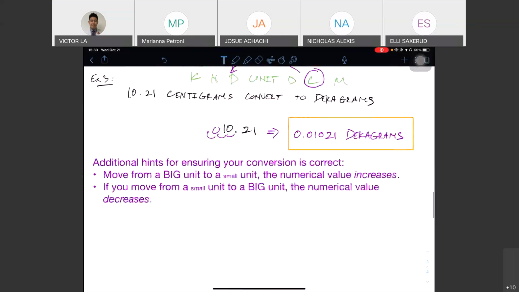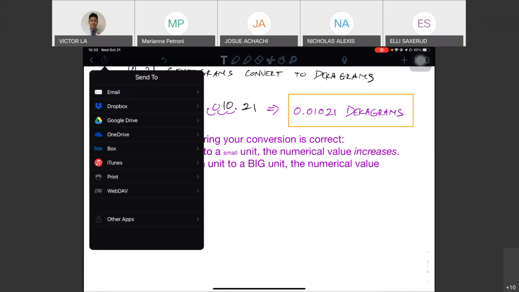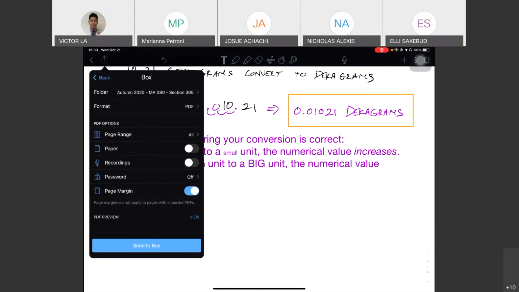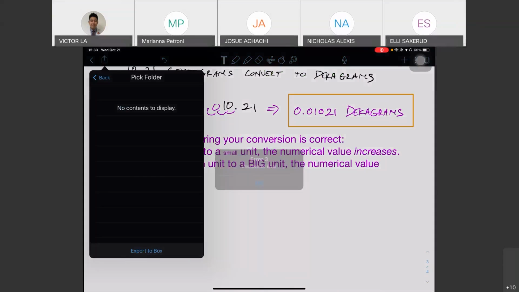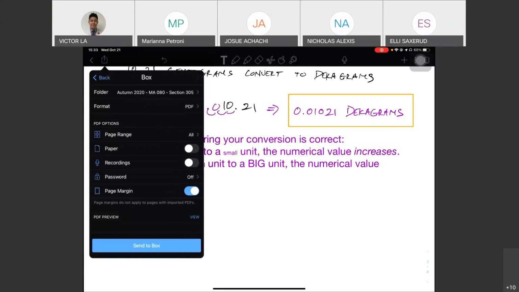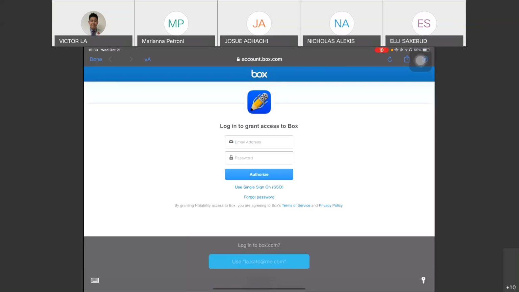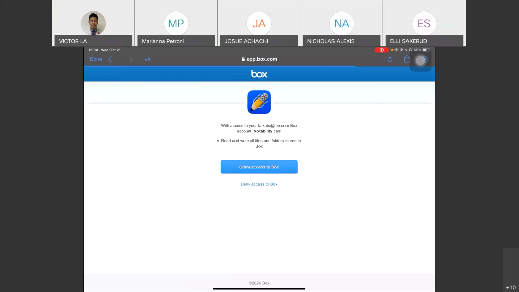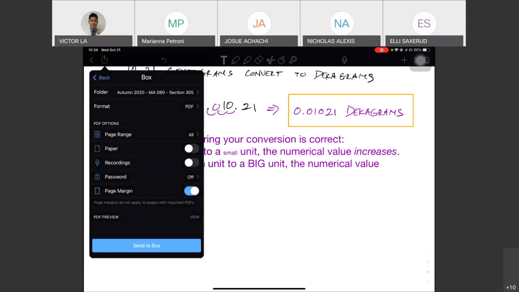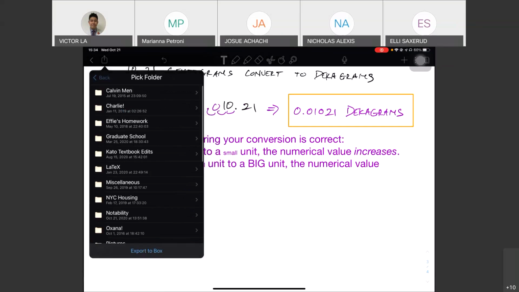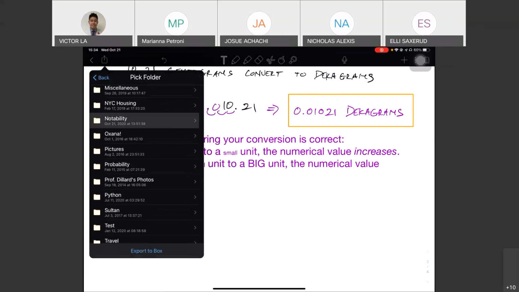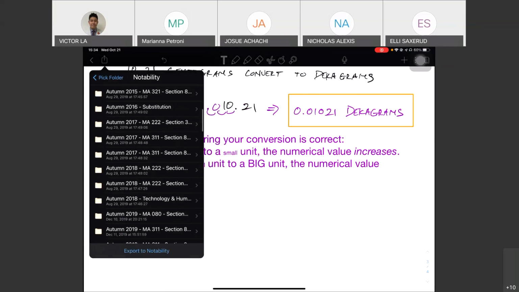All right. So let me upload this to Blackboard right now by sending it to your section. Oh, that's not good. Let's try again. Oh, it logged me out again. My access. Okay, here we go. So you guys are section 304, Notability.